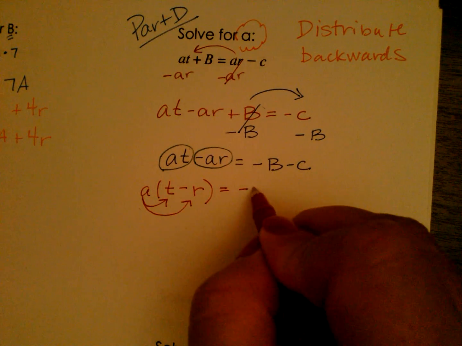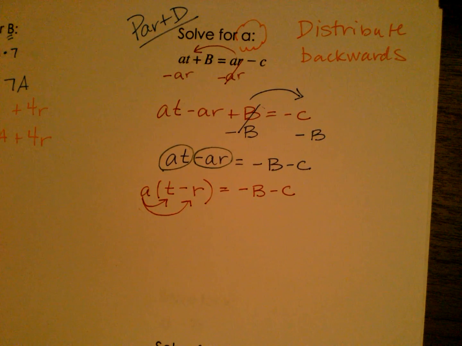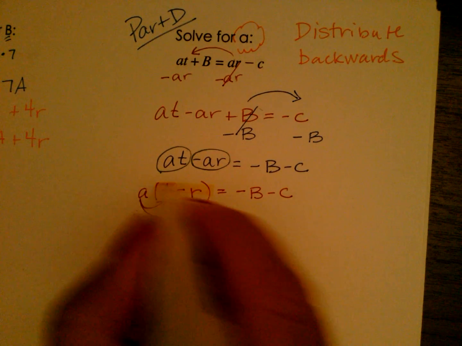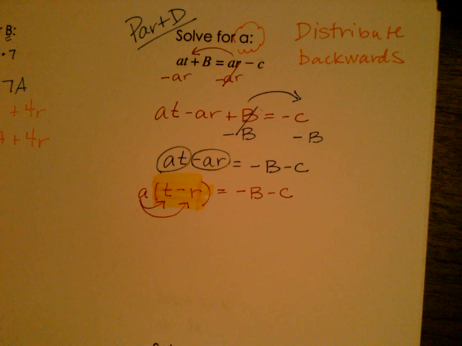I'm going to copy down the right-hand side of the equal sign. Now, as we talked about a while ago when we were dividing by A plus B in the denominator, these items in the parentheses are grouped together. They need to stay together.